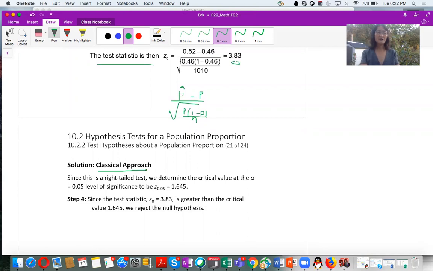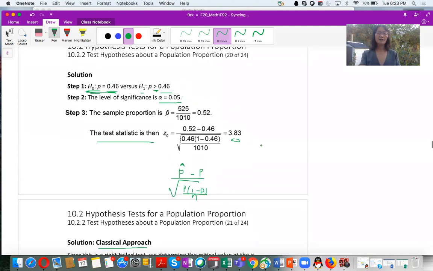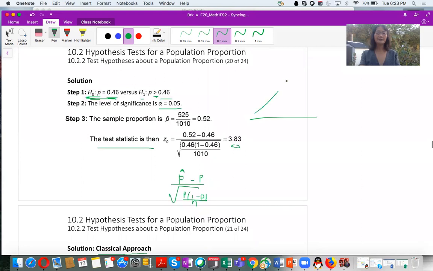Classical approach means you need to identify the critical value at 0.05 level of significance. Remember, because this is a one-tailed test, it is actually a right-tailed test. When you have a right-tailed test, this area is alpha, and alpha is given as 0.05.